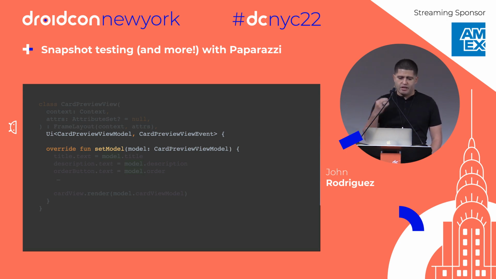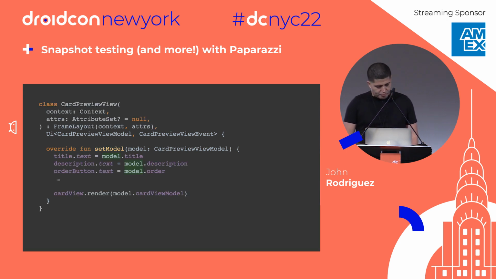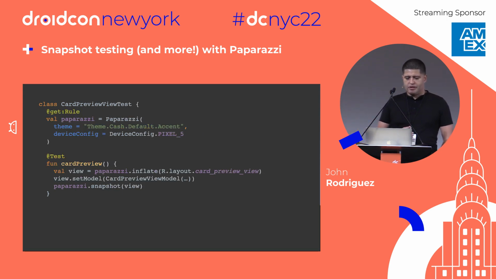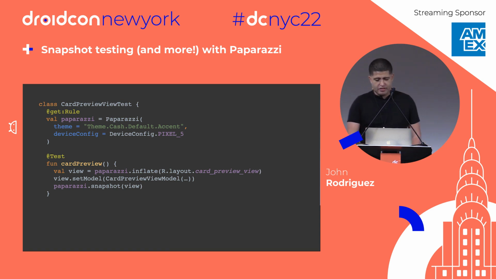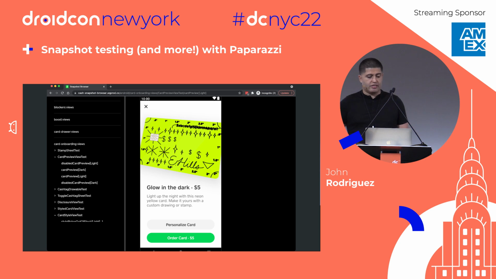Set some values and render it. Something like this looks conceivably simple. And then run a Paparazzi test where you can vary what model you're driving the UI with. And you can get even more complicated screenshots. This is actually a screen that's backed using Filament, and Paparazzi was able to render some of those screenshots.